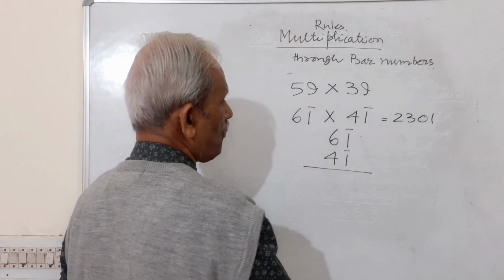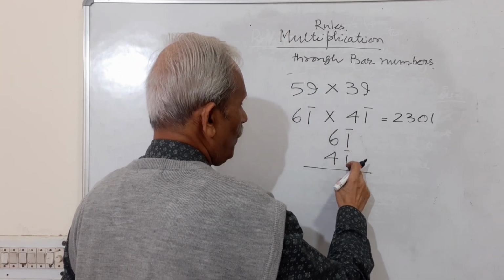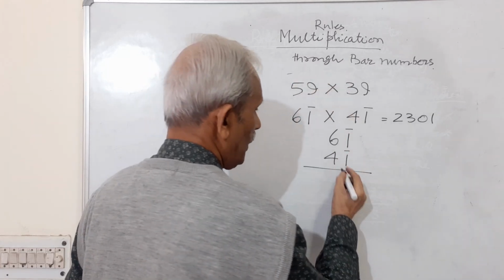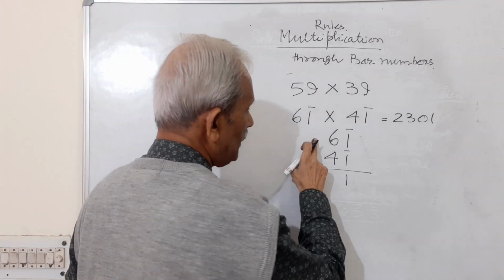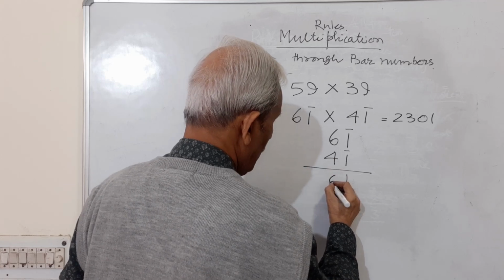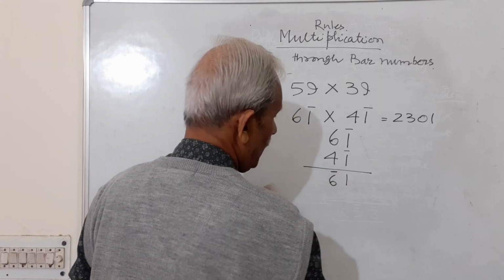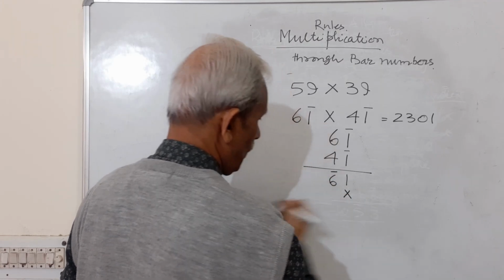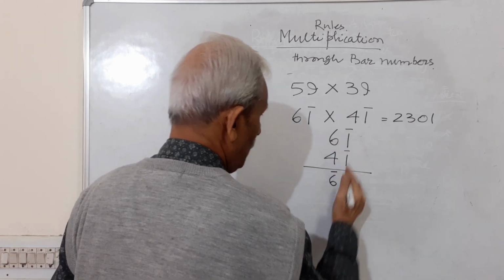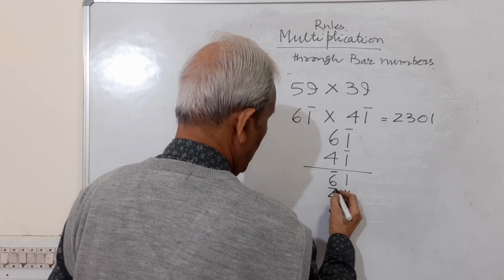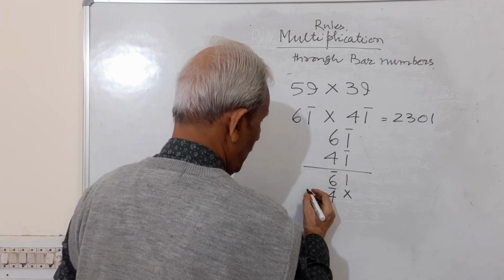What happens? 1 bar into 1 bar is positive 1. Both the negatives are gone. 6 into 1 bar is 6 bar. Let us take the normal process; we can do it even by vertical and crosswise. 4 into 1 bar is 4 bar. And 6 into 4 is the normal 24.